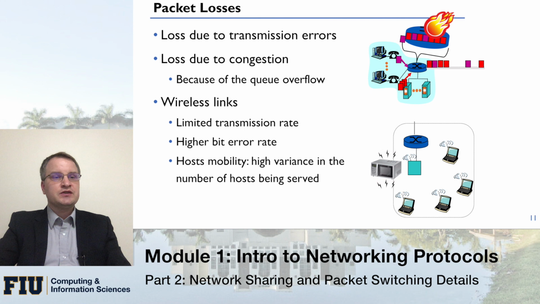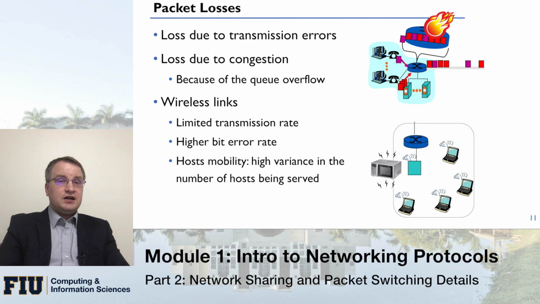And plus, the nature of the wireless medium is that it doesn't have that good quality. The farther away you are from either the access point or the other device, the higher the chance that you will not be able to decode the signal, because the signal has been attenuated too much and you cannot really decode what you've been receiving.